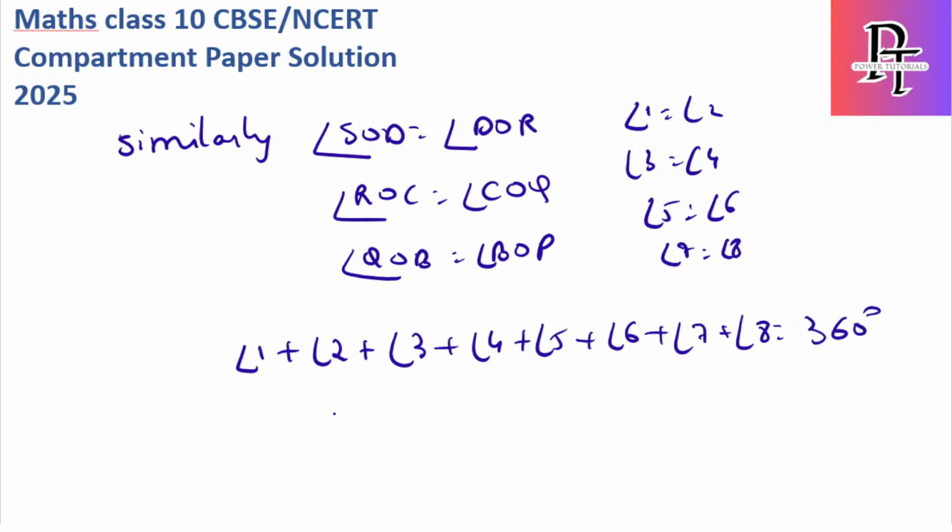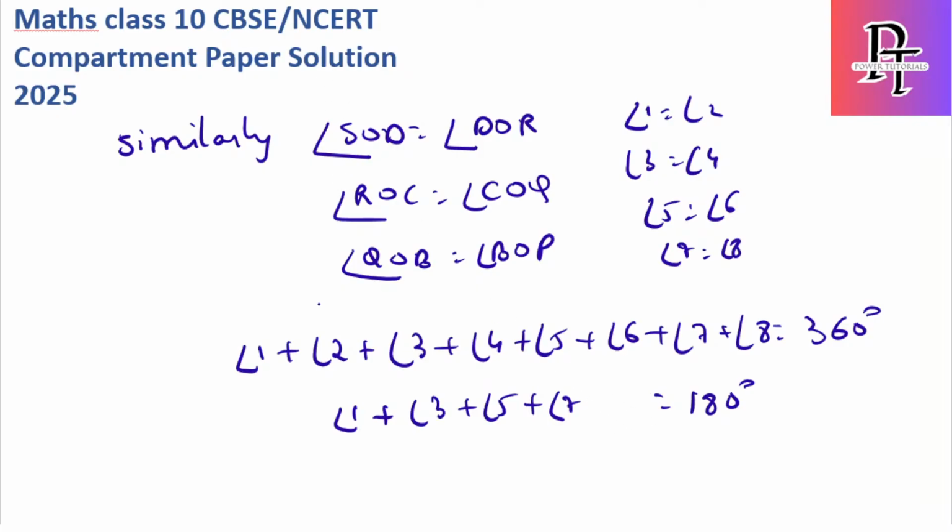Or I can simply take only the odd numbers: 1 plus 3 plus 5 plus 7 is equal to 360 by 2, which is 180 degrees. Why? Because 1 and 2 are equal, 3 and 4 are equal, 5 and 6 are equal, 7 and 8 are equal.